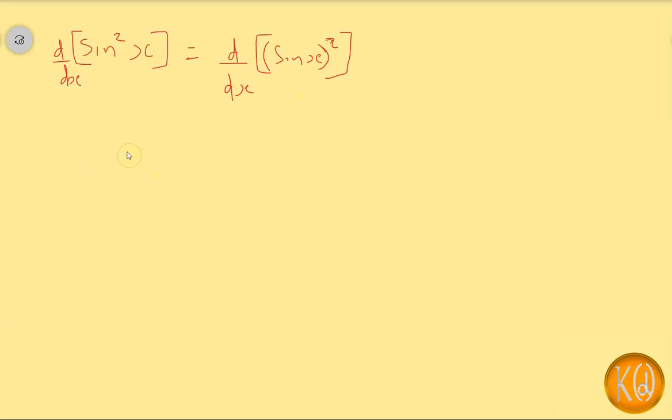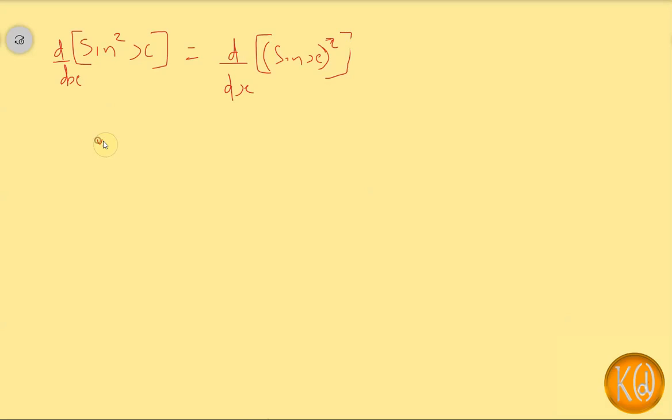Now that is equal to, and again we are using the chain rule here. Okay, let me state the chain rule.